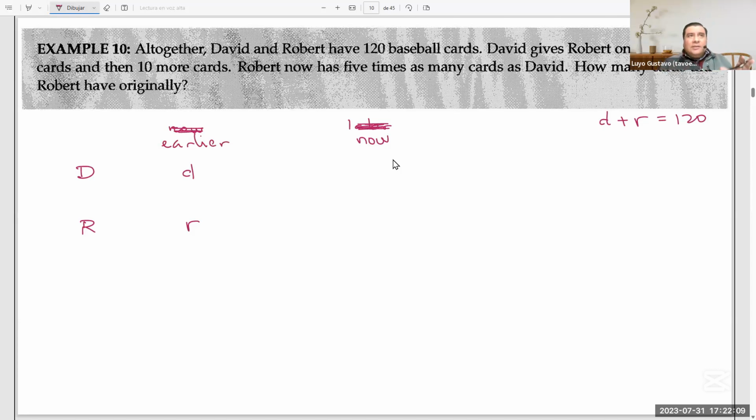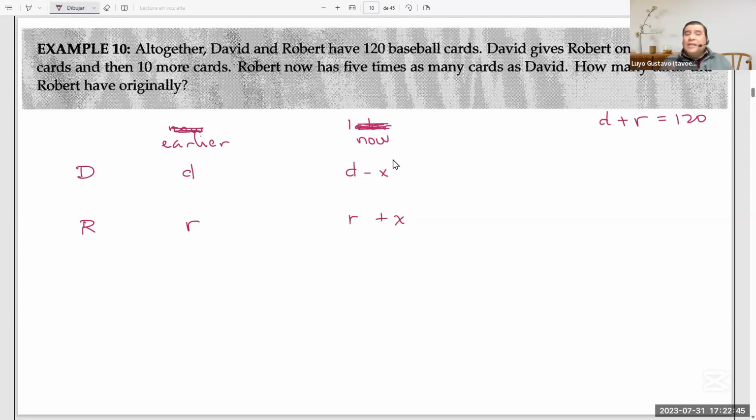Think about this. No matter how many cards David gave Robert, this is exactly the number of cards that Robert will increase his original number of cards. So let's call this quantity of cards being exchanged between them X. Now, what David will have is D minus X. And what Robert will have at the end, or now, is R plus X. So this is simply the deal.